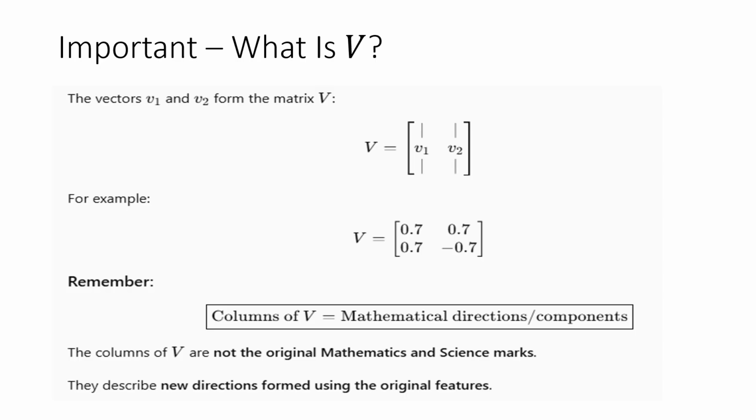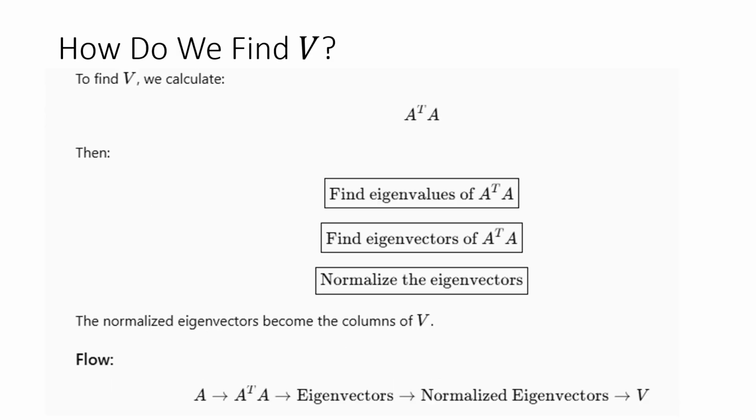The first 0.7 in the second column corresponds to maths and minus 0.7 corresponds to science. So the original matrix contains our original features, and the matrix V contains the mathematical directions formed using those features. This is one of the important concepts to understand before we start the numerical calculation of SVD.